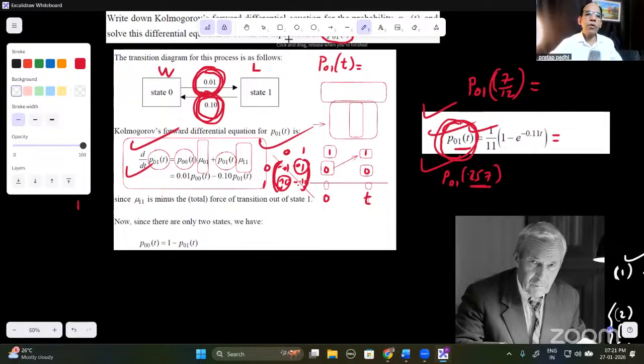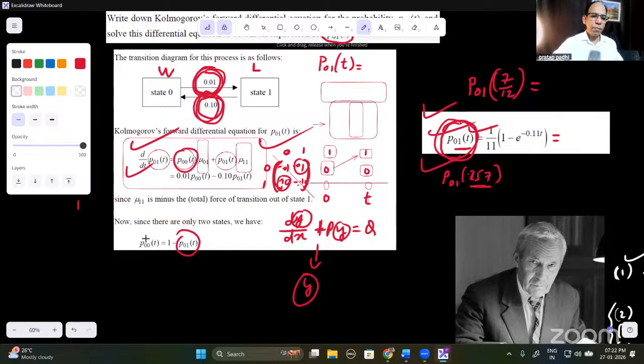In this equation, finally you will get a linear differential equation like dy by dx plus py equals q. We need to solve this kind of equation. When you solve it, you will get y. So y here is this P01(t). P00 was there, but since the total will be 1, using this it transfers to P01, in terms of P01 everywhere. So y is the only variable.